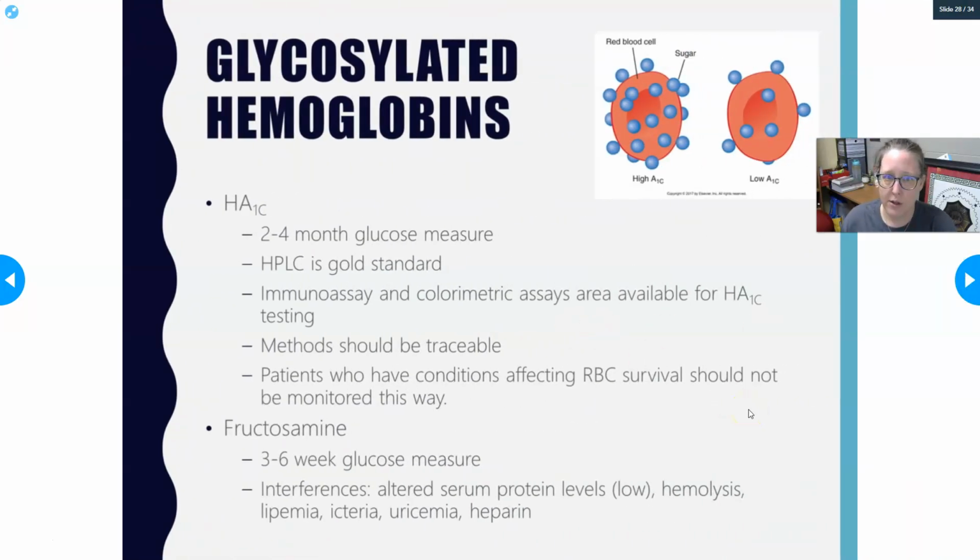A little bit on glycosylated hemoglobins. So you're constantly making hemoglobin as part of your red cells, and what happens with this glycosylation is that molecules of sugar can get stuck on the hemoglobin, and once they're stuck on there, they're not coming off.